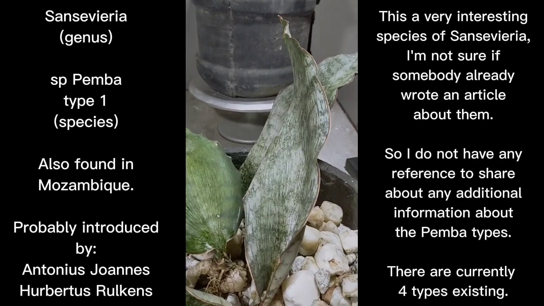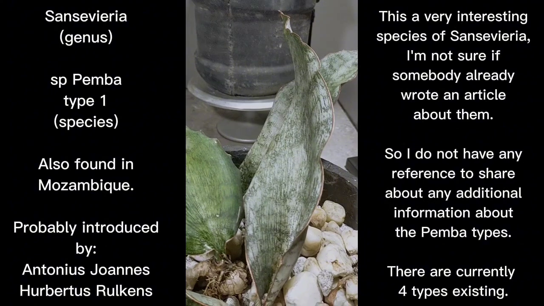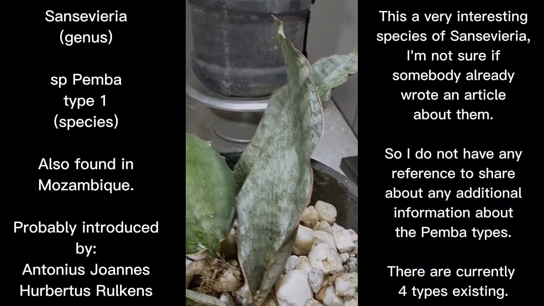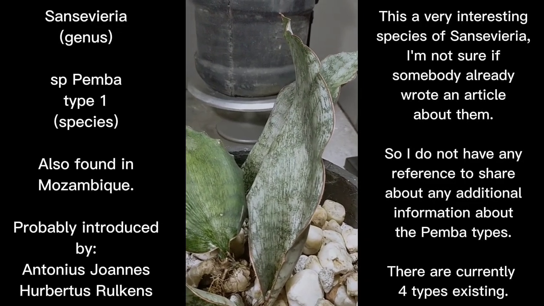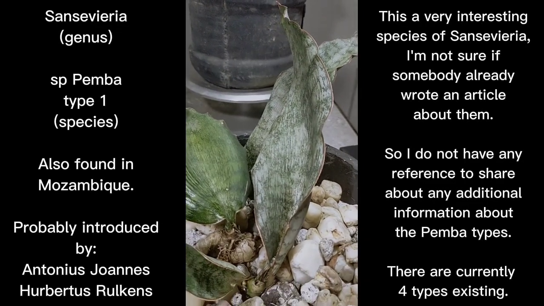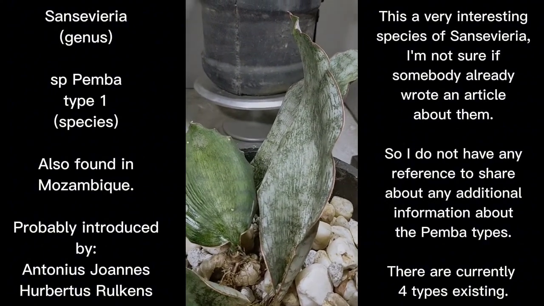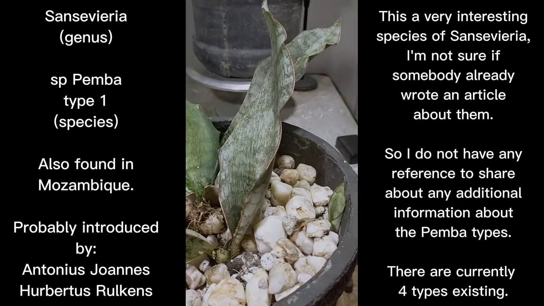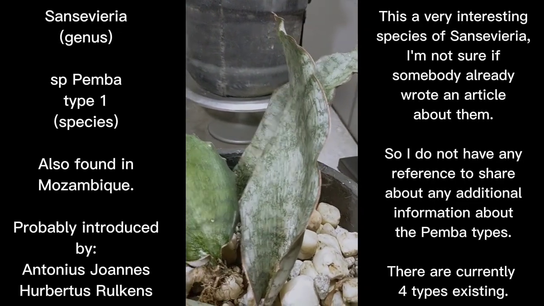and it is probably Ton Rolkens who introduced Pemba type 1 to 4, because he is one of the people very interested in Sansevierias in Mozambique. Like I mentioned in the previous episode for Cadzi Ramaue, he is very familiar with where they are found in Pemba.